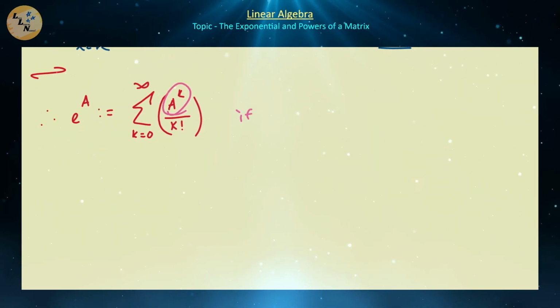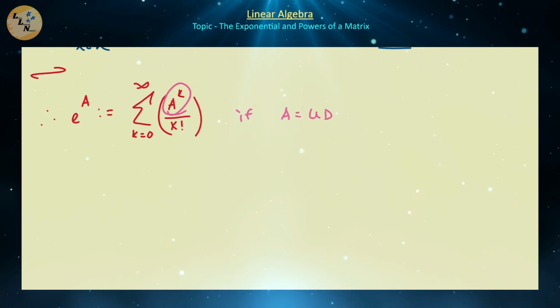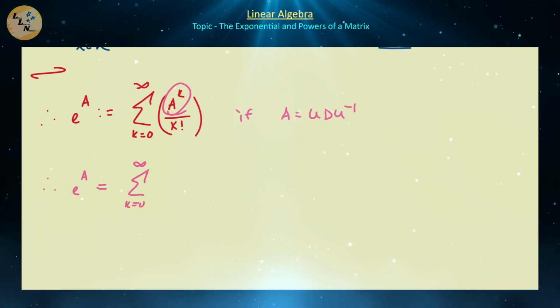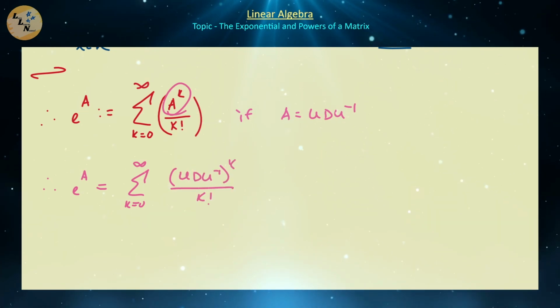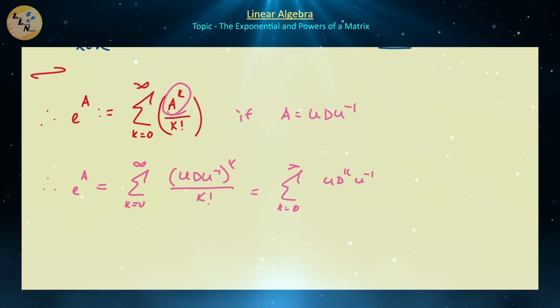But if A does have an eigenvalue decomposition, in particular A equals U D U inverse, then e to the power of A is equal to the sum from k equals 0 to infinity of (U D U inverse) to the power of k all over k factorial, which we already know is the sum from k equals 0 to infinity of U D to the k U inverse divided by k factorial.